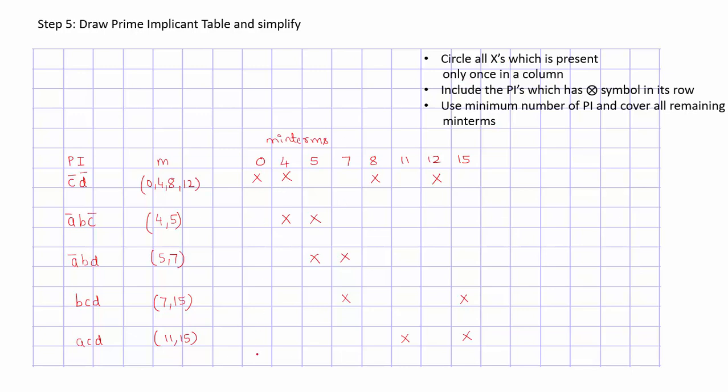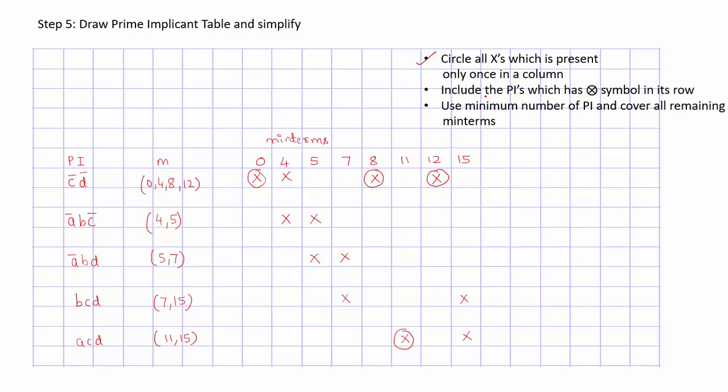So 0 is present only once in this column, 4 is present twice, 5 is present twice, 7 is present twice, 8 is present only once, 11 is present only once, 12 is present only once and 15 is present twice. So step 1 is done.